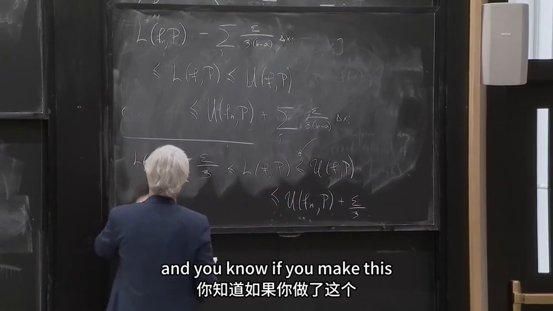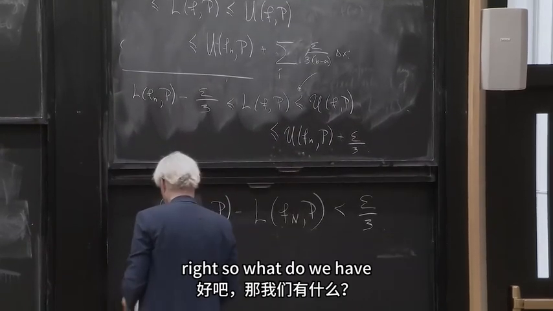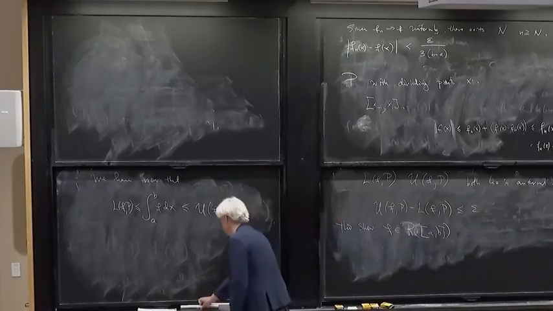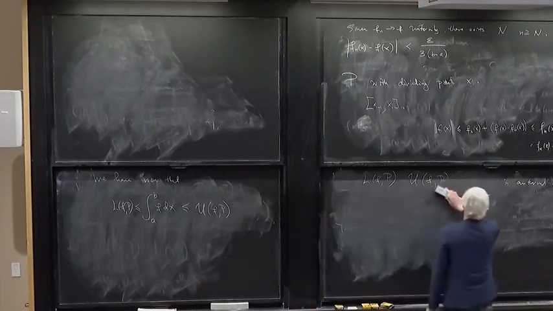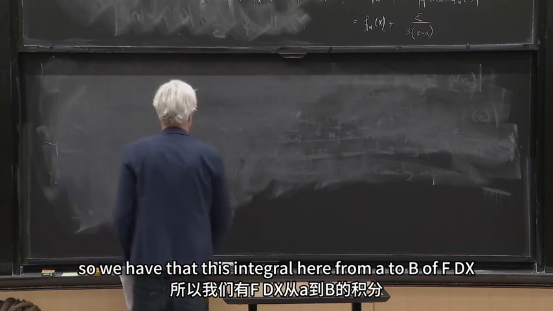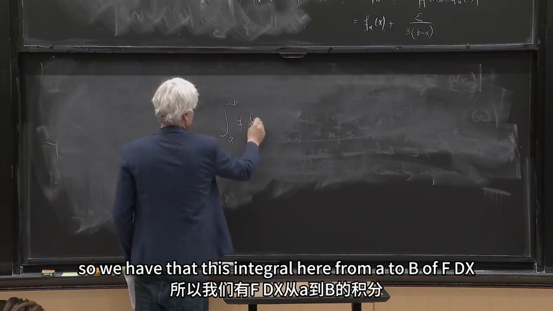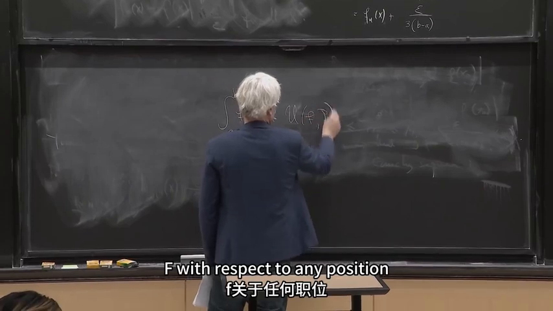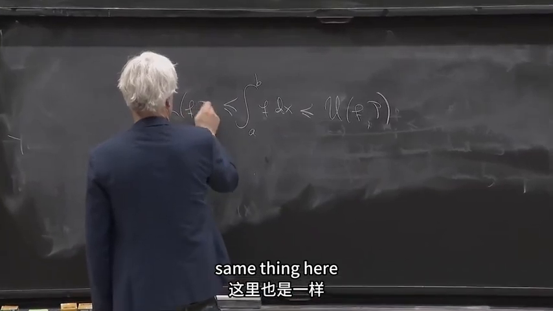But this thing here, so we have also, right, so what do we have? We have that this integral here from a to b of f dx is less or equal to u f with respect to any partition. The same thing here.